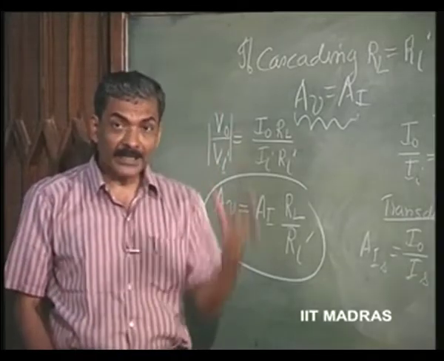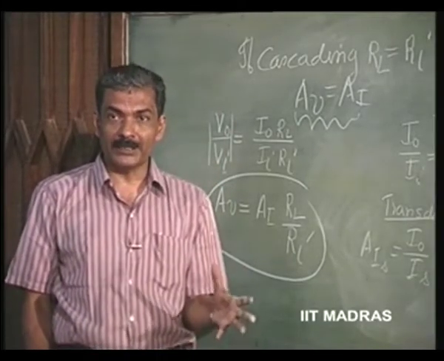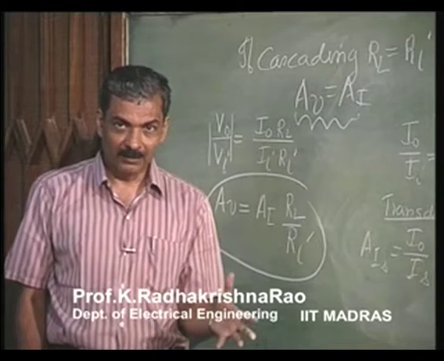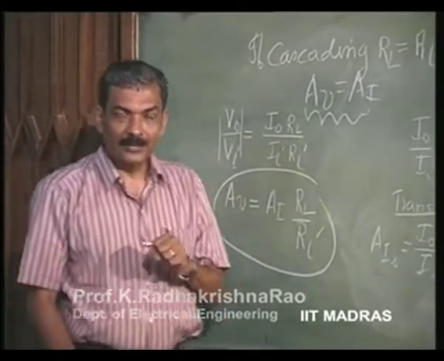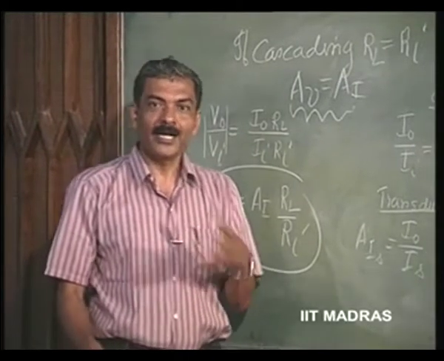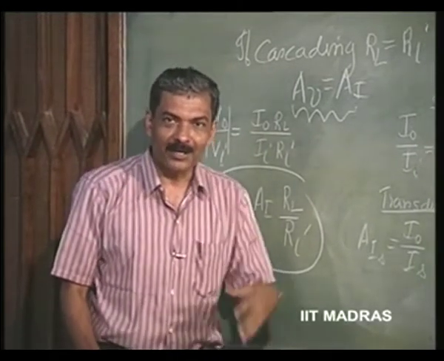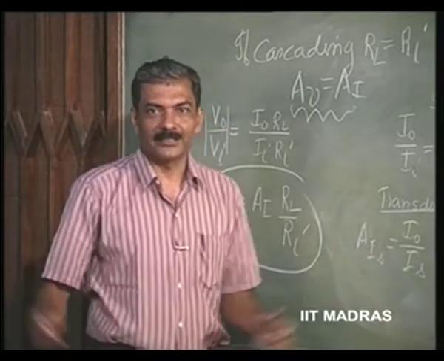That means, if an amplifier is capable of giving voltage gain but not current gain, or vice versa, if it is giving current gain but not voltage gain, then it cannot give either voltage gain or current gain when it is cascaded.